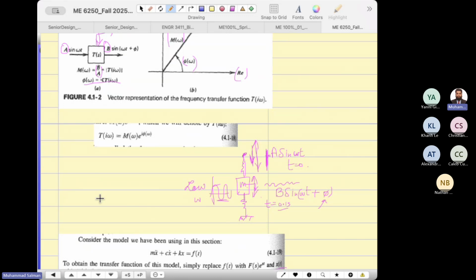So the magnitude ratio at very low frequency is the same. Whatever displacement you input, the mass will go 1 centimeter down, 1 centimeter up, 1 centimeter down. But as you go above the resonance frequency, it changes.